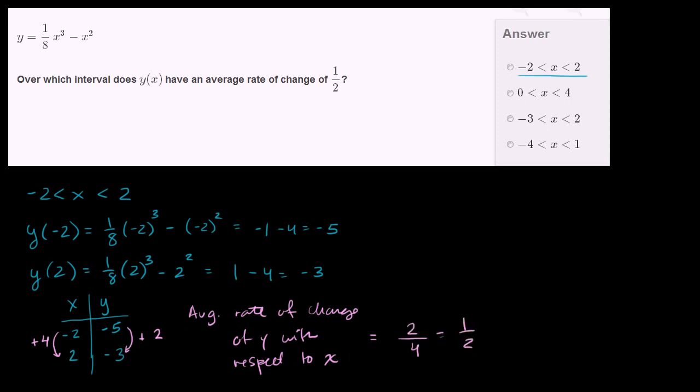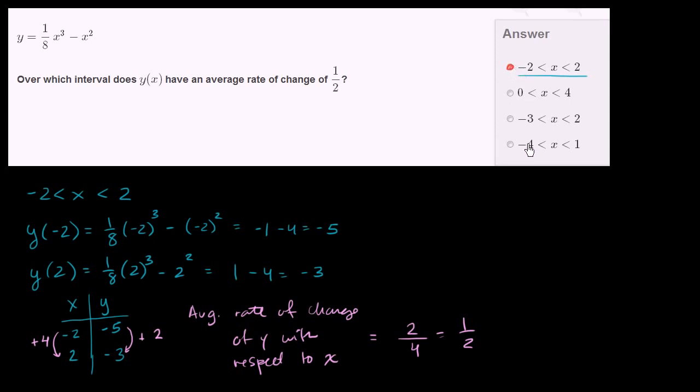So it's equal to 1/2. So it does look like the average rate of change over this interval right over here is 1/2. So we got lucky in this situation. Our first choice, and this is a multiple choice, it's not a multi-select here, met our criteria, so we know that that's the answer.